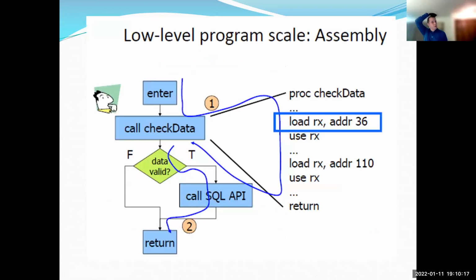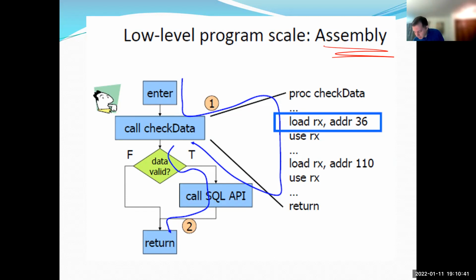Now, this scale we won't really take a look at so much, but this is the low-level program scale, the assembly scale. You guys have looked at this a little bit with the buffer overflow labs, and this can get even lower. That's almost not in the network anymore, but just in the specifics of the operating system.